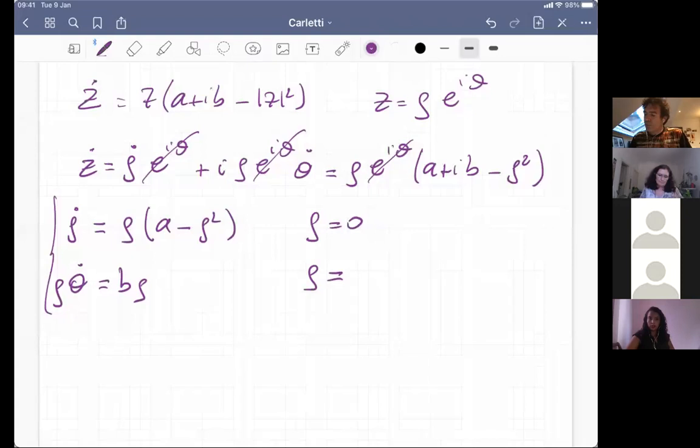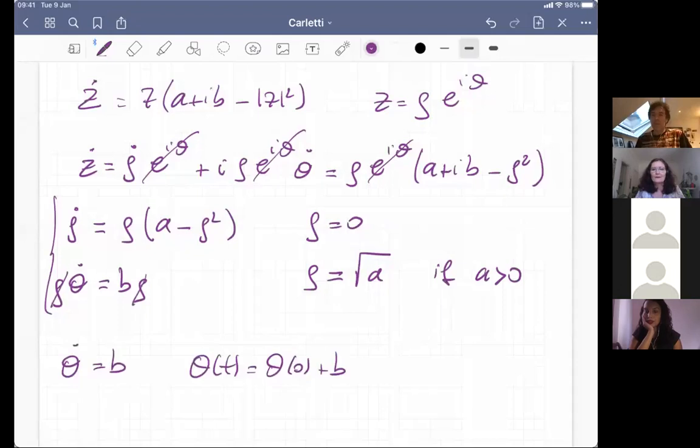If a is negative, you don't have this second solution. And theta is equal to b times t plus a constant. So theta is indeed a frequency, the angular frequency of the motion. And then you see that rho is a constant equal to the square root of a.